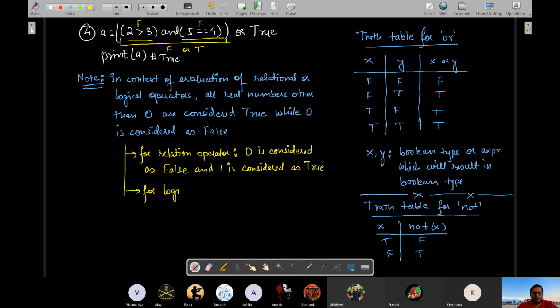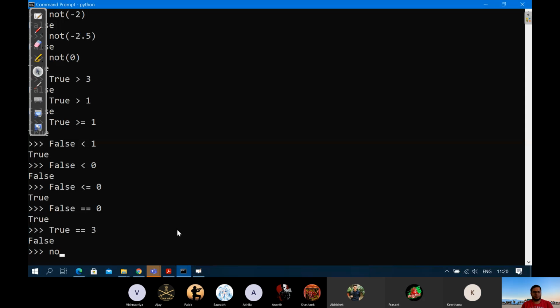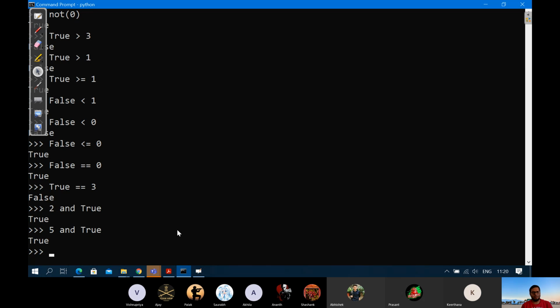For logical operators, just like, see, true and true is true, 5 and true is true, 0 and true is 0, false and 0.